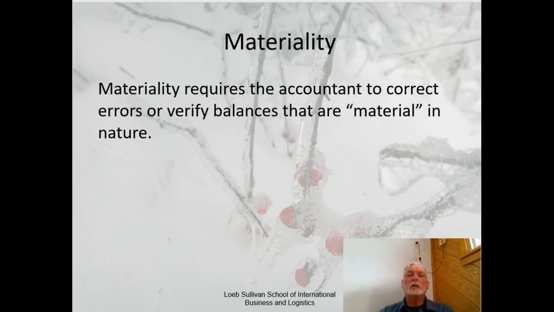Things that are material, things that matter to the reader in understanding the financial statements, have to be presented fairly. Things that are not material, we don't worry too much about. So a $50,000 error on a balance sheet for IBM is immaterial.